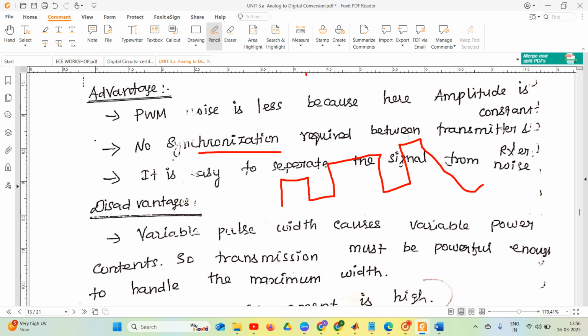If you have maximum pulse width, I need maximum transmission power. We have to maintain enough transmission power while transmitting the signal through the transmission medium. That is one of the main drawbacks in the PWM signal.